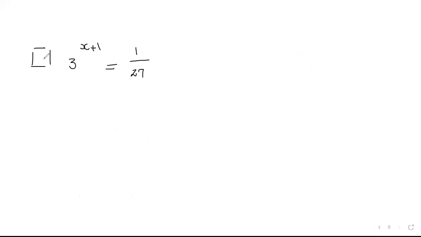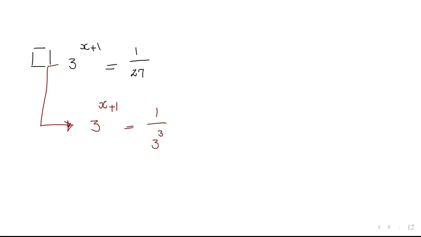You notice that, first of all, you have to make sure that the bases are the same. So, to rewrite it, we write 3 as the base, and the exponent remains the same as x plus 1. But we learned that we can write 27 as 3 to the power 3.